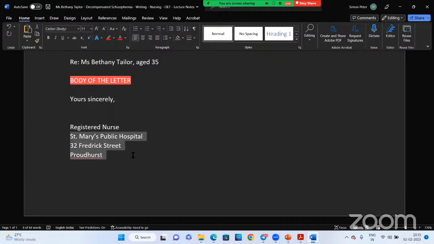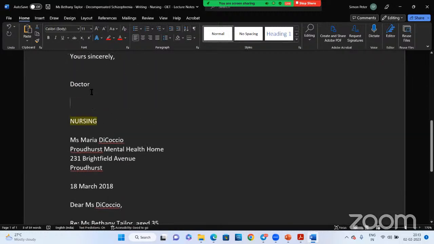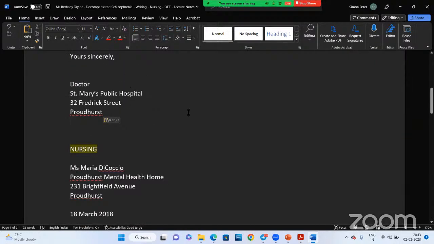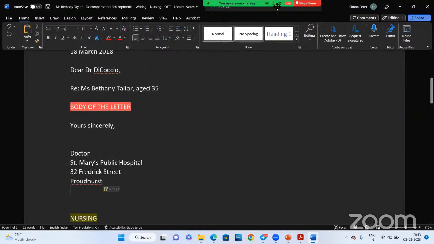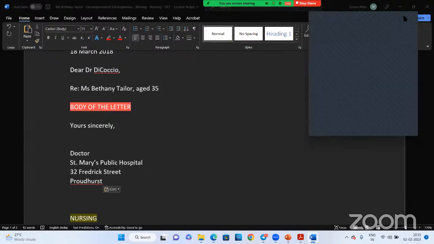The same address will go here also. That's done. So we are left with only the body of the letter.